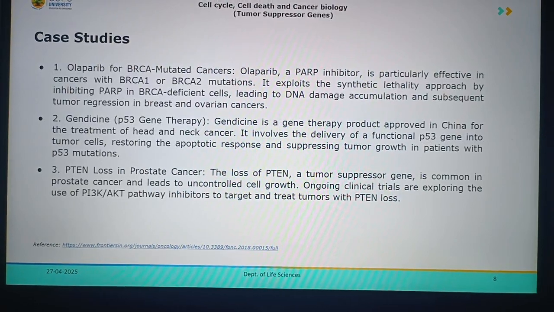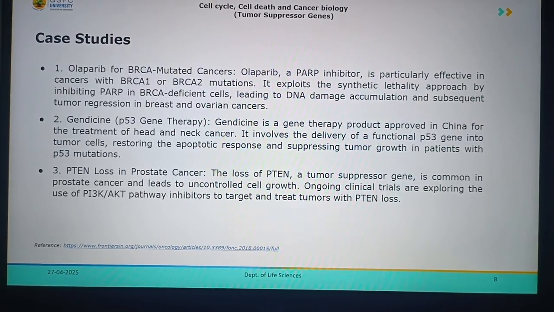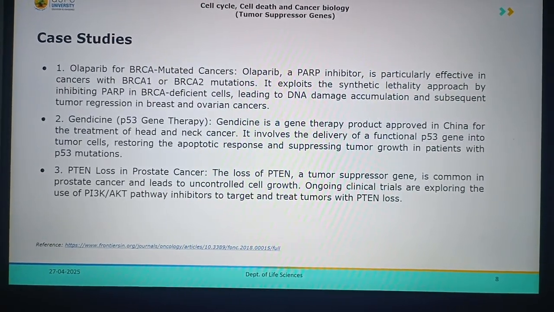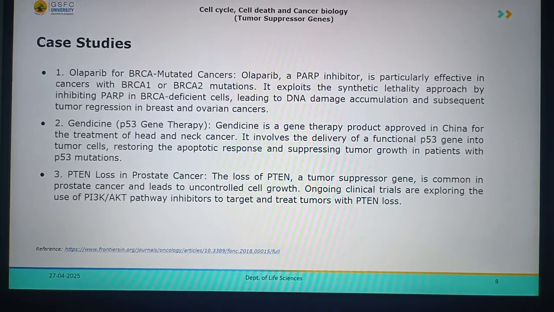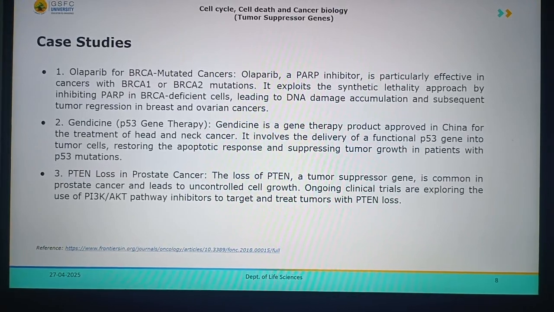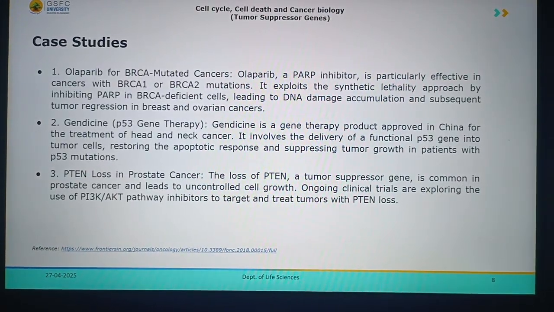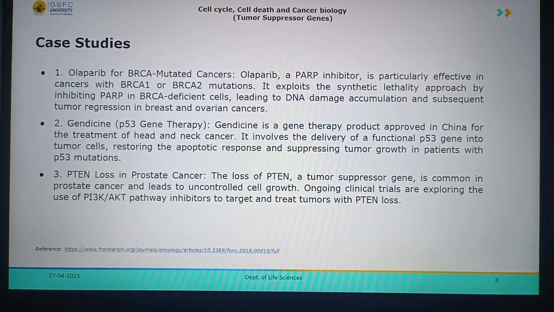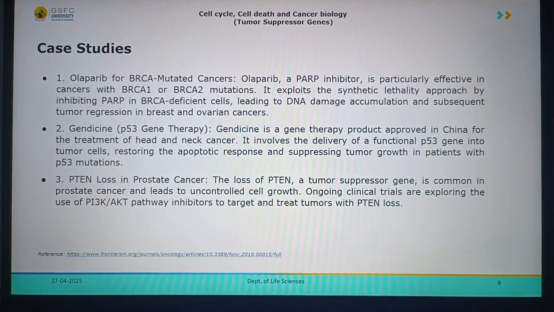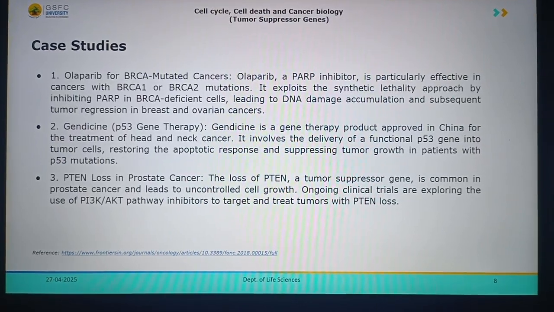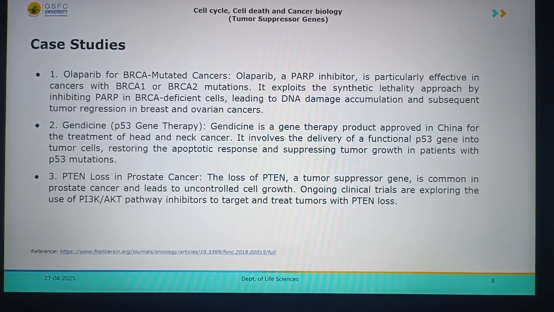It exploits the synthetic lethality approach by inhibiting PARP in BRCA-deficient cells, leading to DNA damage accumulation and subsequent tumor regression in breast and ovarian cancer.